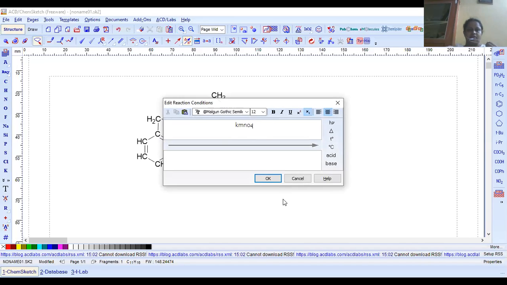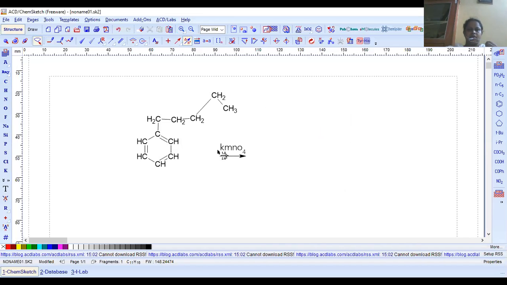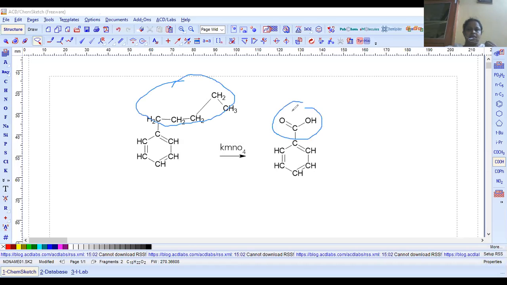You can choose any reagent. So when you add KMnO4, what will happen? The whole chain will get converted to carboxylic acid. Here, this whole side chain will get converted to this carboxylic acid functional group.